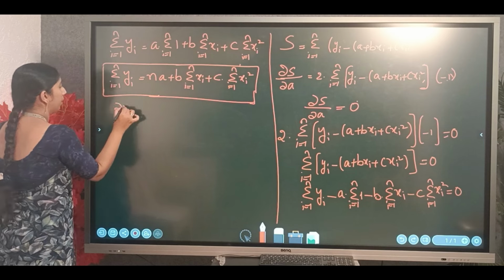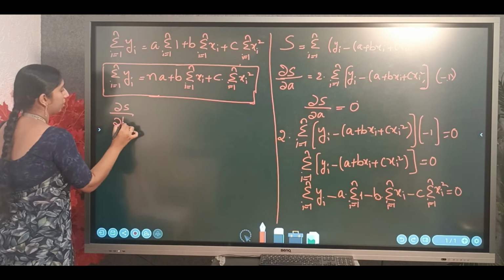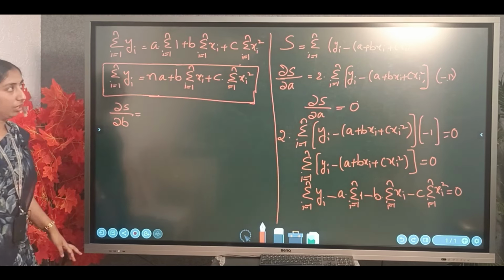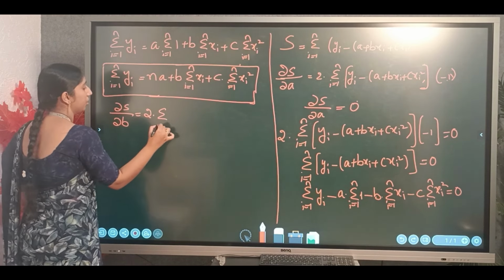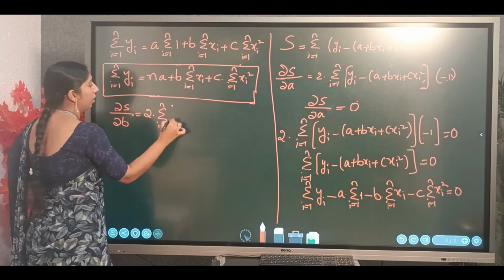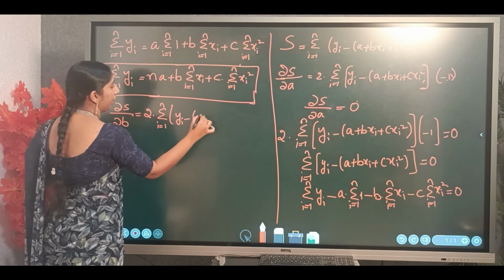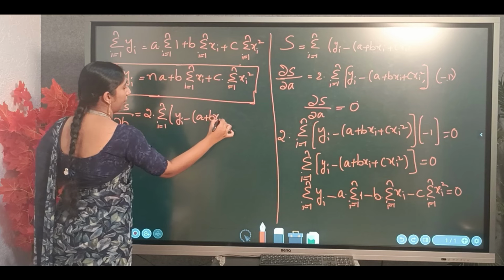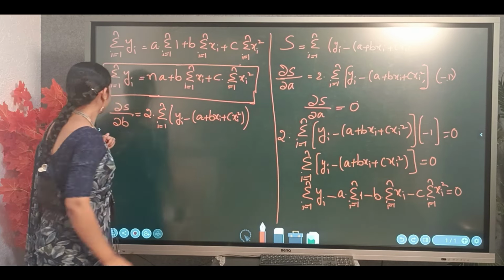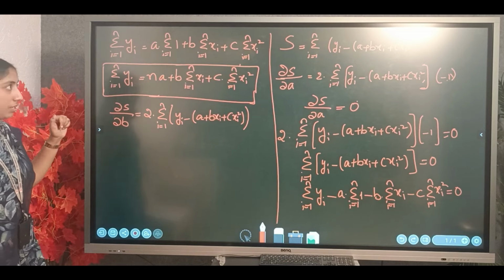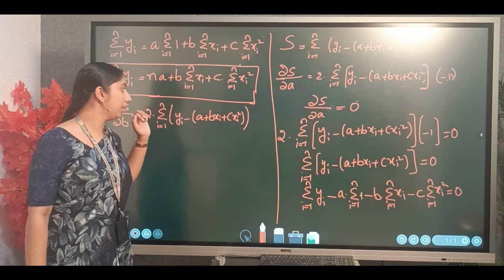And secondly, what we have to do? We have to differentiate with respect to b. Same. Here also the formula x square. That means 2 into summation i equal to 1 to n of yi minus (a plus bxi plus cxi square). But we are differentiating with respect to b. Is there any b term here? Yes, minus bxi.